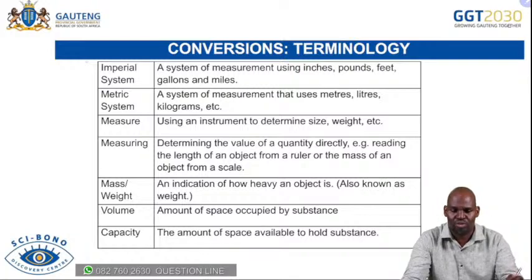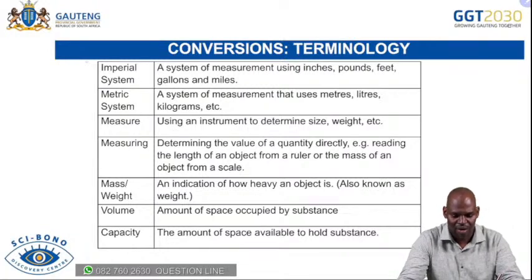You don't necessarily have to mention all of them, but as long as you can give us an idea that you understand that the imperial system is the system of measurement that is not used in South Africa. So you'll be giving examples there. Then, as I've just said, the metric system is a system of measurement that uses meters, liters, and kilograms.